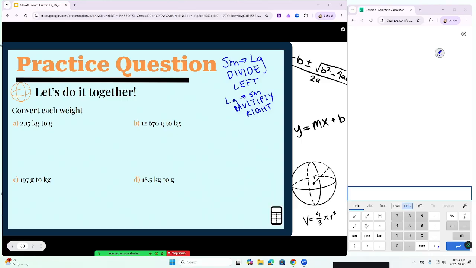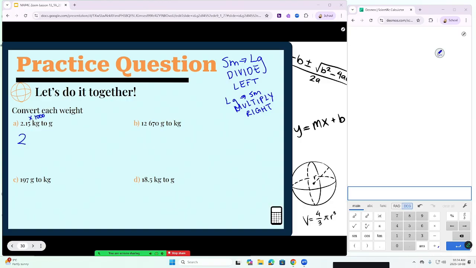So keeping that little cheat sheet in mind, we're going from large to small, so we want to multiply. And what are we multiplying by? Well, you can go through your steps, or again, we know that kilo is 1,000. So we're going to multiply by 1,000.